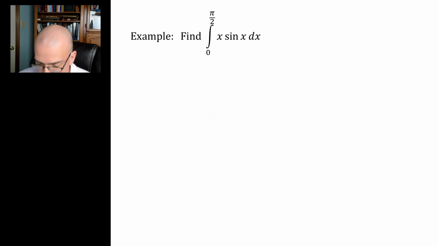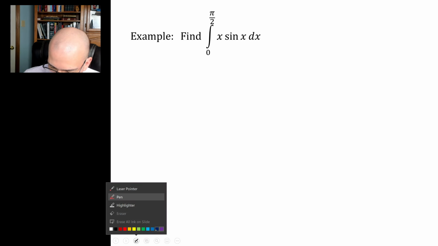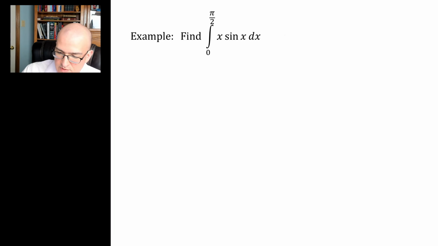All right, the last normal example before we get to the abnormal examples. We have a definite integral going from 0 to pi over 2 of the function x times the sine of x. So we're going to attempt integration by parts with LATE.